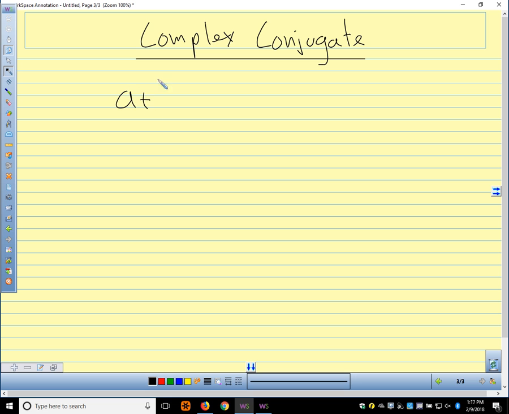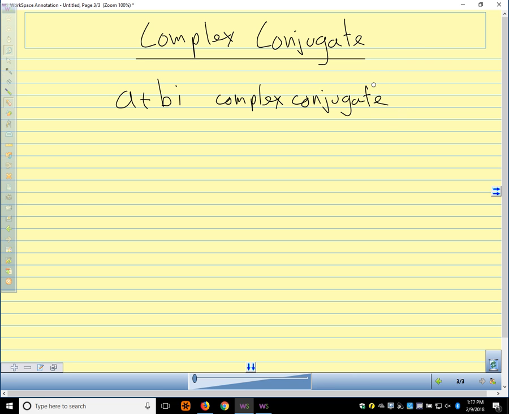So if we have a plus bi, the complex conjugate, do you remember how to get the complex conjugate? I think you were thinking of division already.